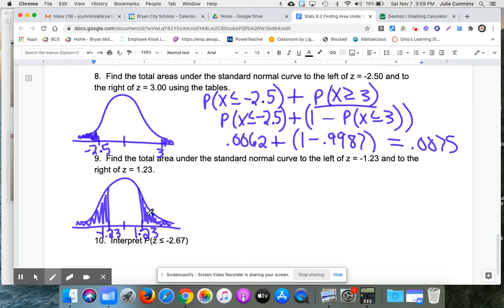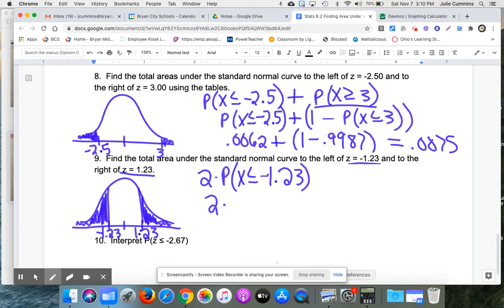Now this problem is a little bit different than the last one. Since these z values are the same, the area to the left and the area to the right are also going to be the same. So we really only have to do one of them in the calculator, and we're just going to double it. So we're going to do 2 times the area to the left of negative 1.23. It'll just save us time in the calculator.